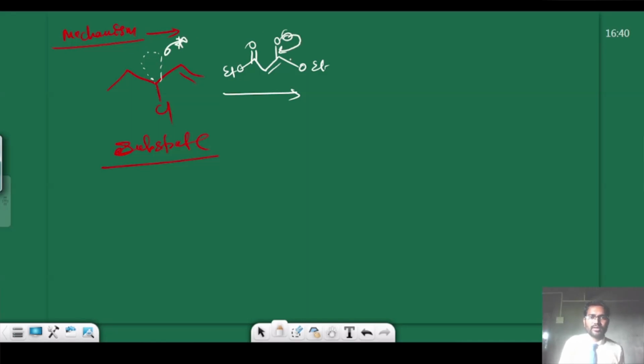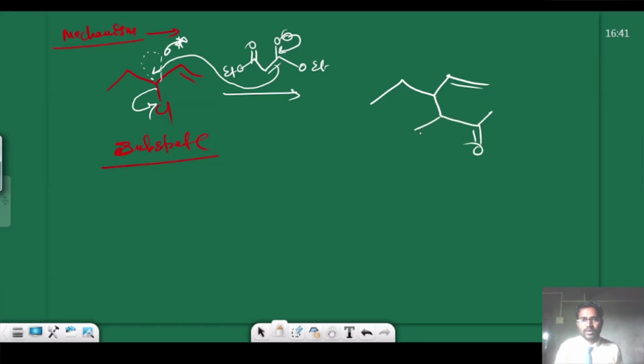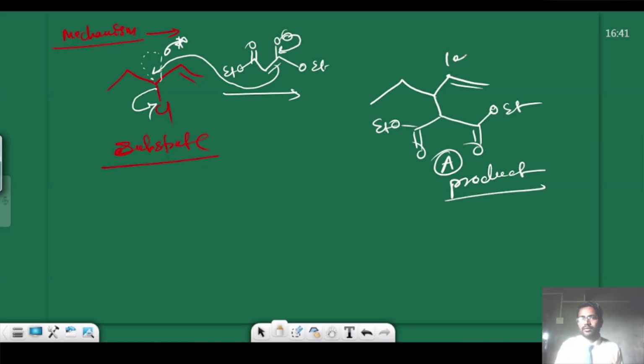So it comes back like this and attacks the sigma star orbital, and the chloride leaves from the reaction, and there is a formation of this particular compound, CO2Et, CO2Et. So this is the A product, the less substituted one. This is the A pathway.